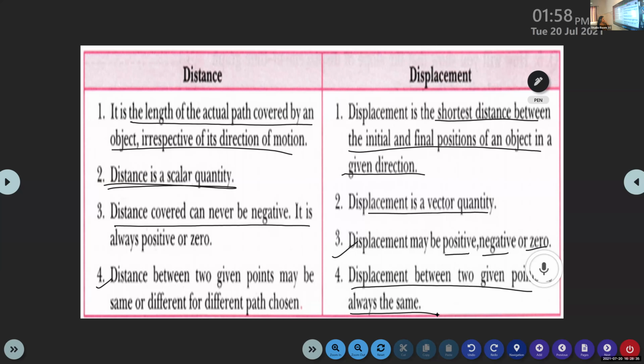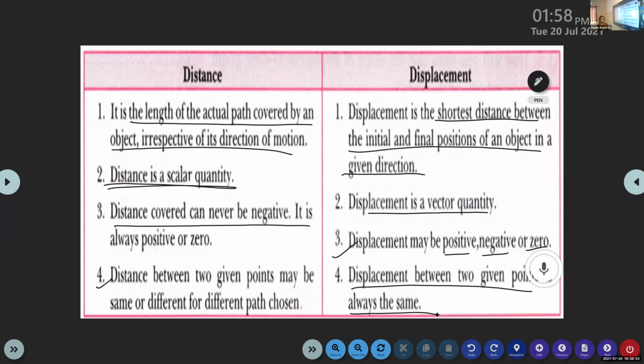So that's all about distance and displacement. Distance is the total path length covered by the object. Its SI unit is meter and dimension is L. Then displacement is the shortcut or the shortest distance between the initial point and the final point.